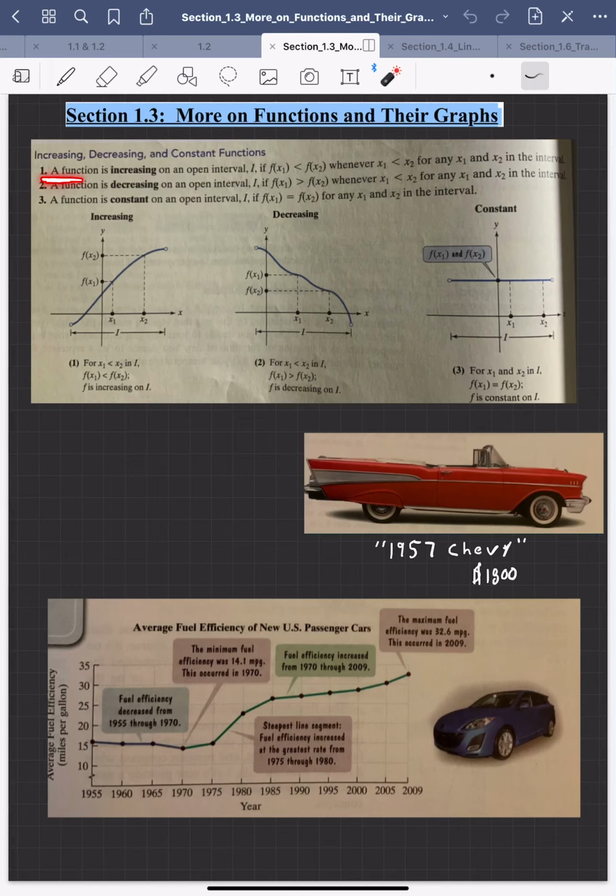So we would say that a function is increasing on an open interval, right? So in order to say that this graph is increasing over some interval, if f of x sub 1 is less than f of x sub 2, right? So here's f of x sub 1, and here's f of x sub 2, for all x sub 1 less than x sub 2.